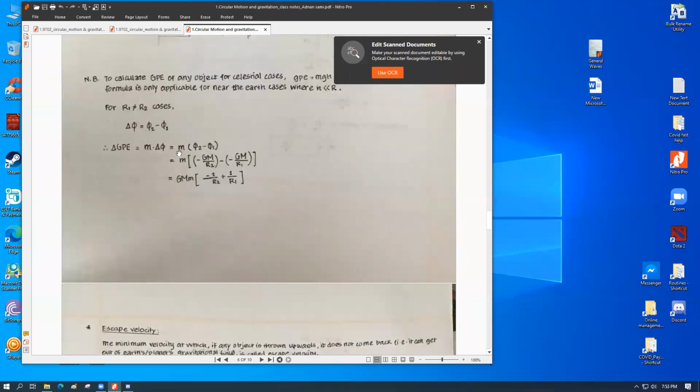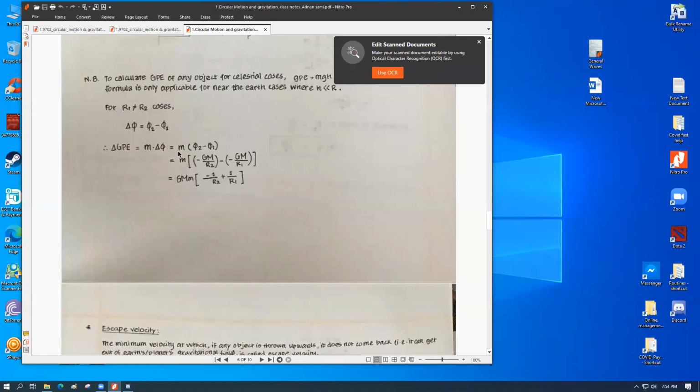And then we have this expression that for GP calculation or for delta GP calculation, change in gravitational potential energy calculation, we cannot use MGH in all cases as a rule of thumb, because now we are gonna move objects in celestial scale, so we cannot assume that the value of g is constant from position 1 to position 2, because we are gonna move them so far apart.